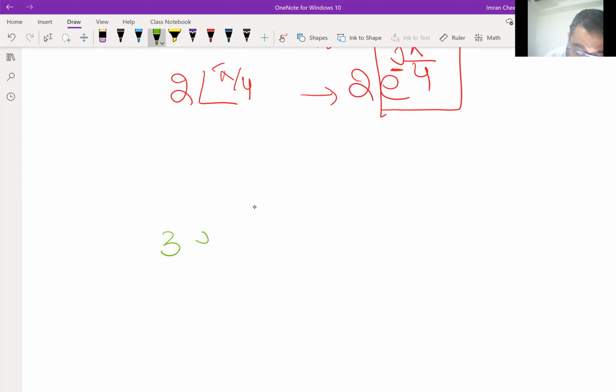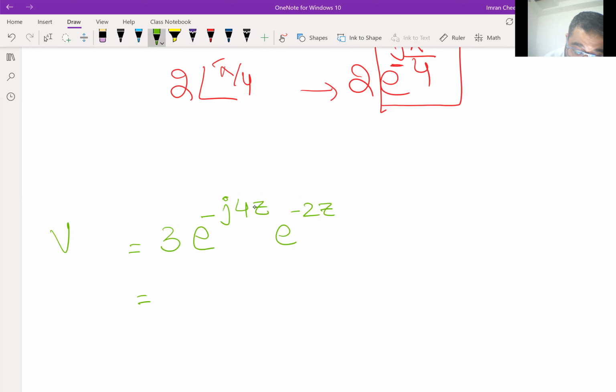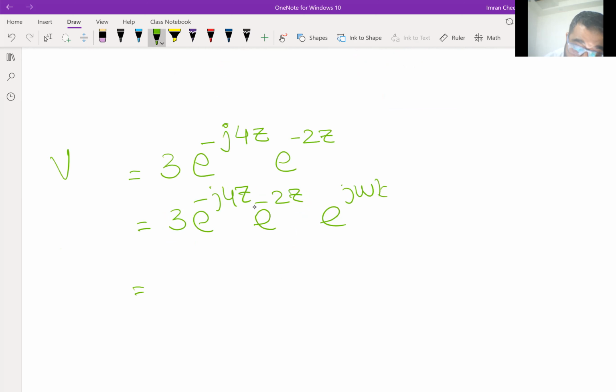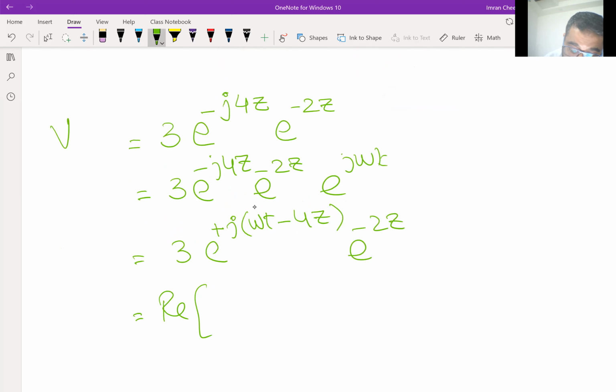Let's say there is a function 3e^(-j4z) and e^(-2z). This is my phasor voltage, and I have to convert it back to the time domain. So I will first multiply, I bring back e^(jωt), which I had dropped, and I put all the j's together: j(ωt - 4z), e^(-2z), and then I take the real part.